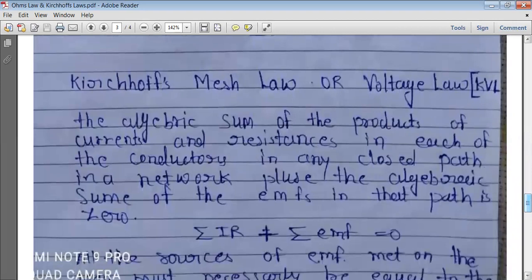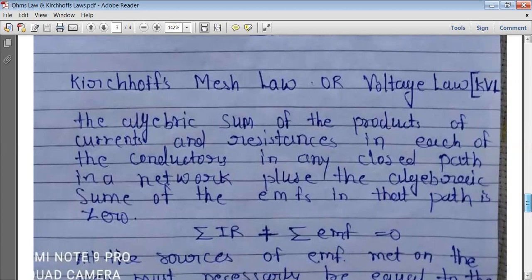We will also discuss Kirchhoff's mesh law, or Kirchhoff's voltage law. The algebraic sum of the products of current and resistance in each of the conductors in any closed path in a network, plus the algebraic sum of the EMFs in that path, is 0.